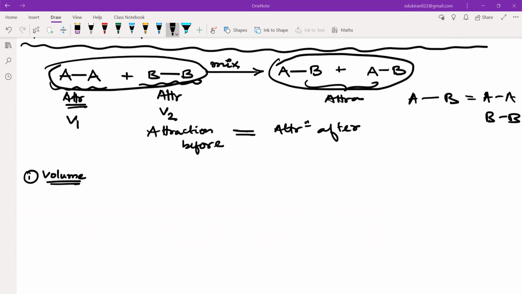Can the intermolecular force of attraction of the components and in the solution be equal? Yes, Rida? I don't know, you are saying. Look, let us say they will not be equal.